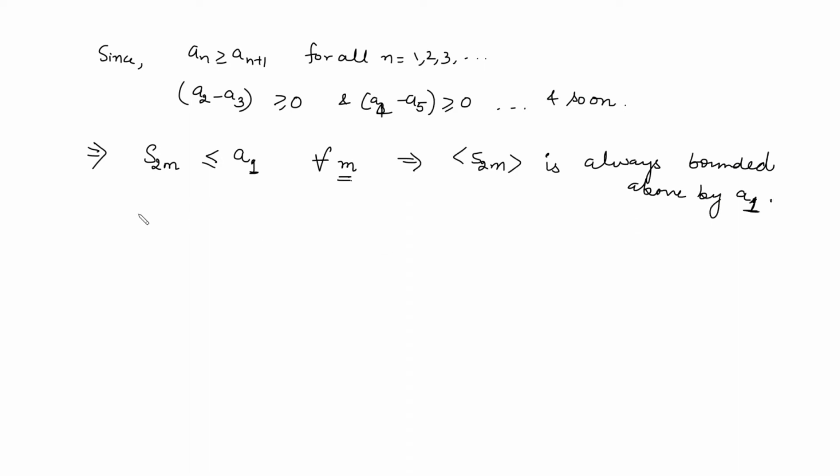Now next we can check the difference of these two terms. The sum of first 2m+2 terms minus the sum of first 2m terms will be what?